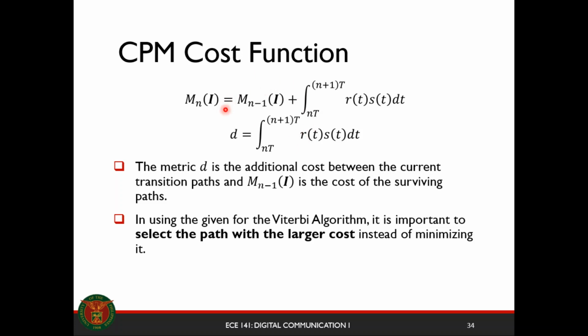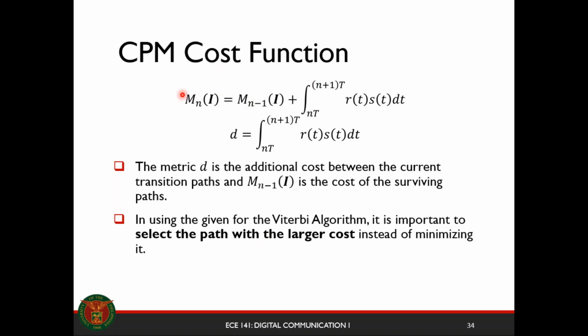So in this case, for CPM, we have that property also with the cost function: as you go along between time indices or symbol periods, or as you go along your phase trellis, the cost function will just accumulate. Okay? So your previous value of the cost function plus the effect of the transition will become your total cost function.